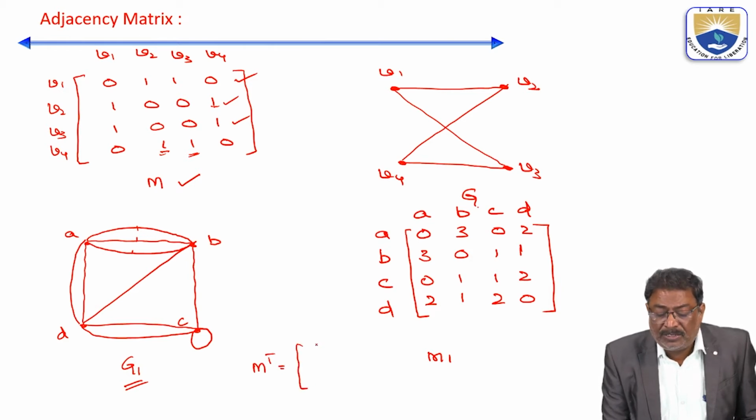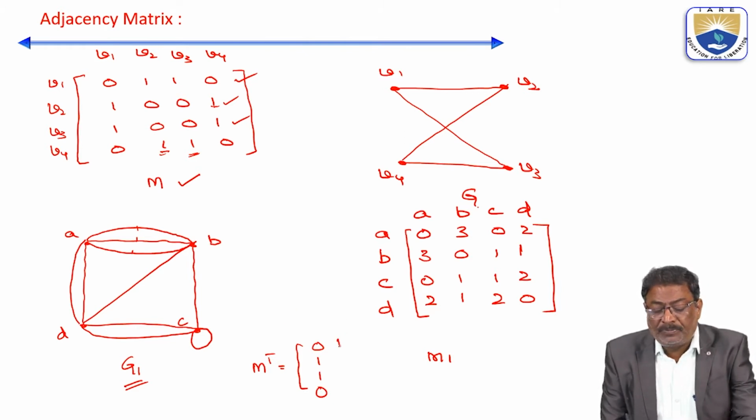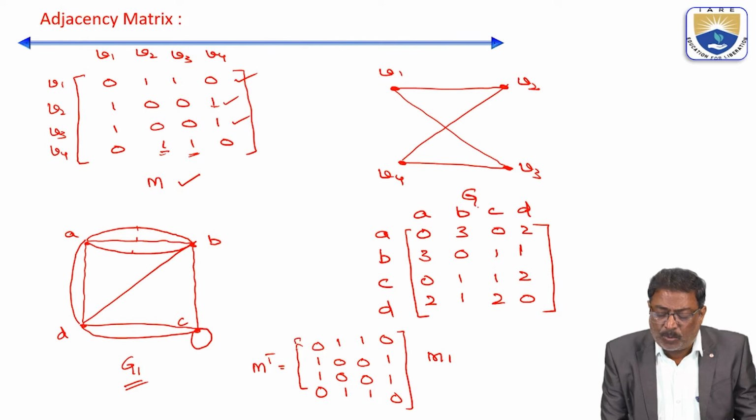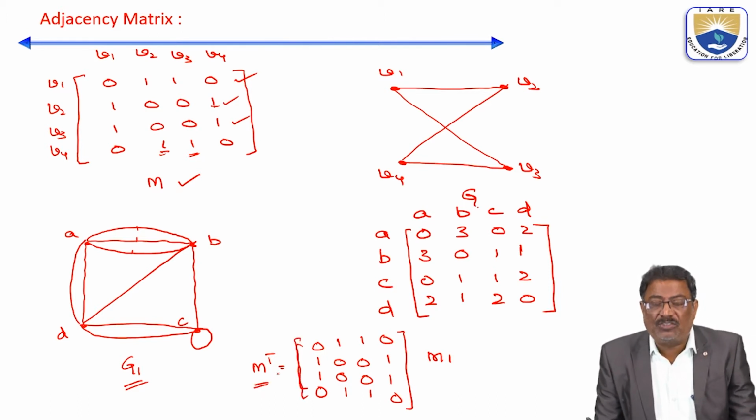What do I get? 0 1 1 0. Then the next one is 1 0 0 1. Next 1 0 0 1. Next 0 1 1 0. See, whatever matrix I am taking, the transpose is also the same.